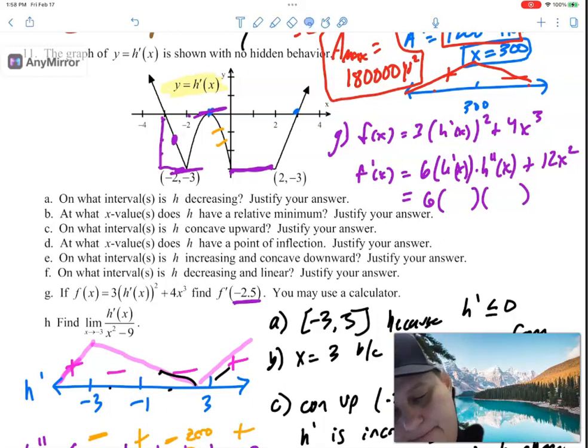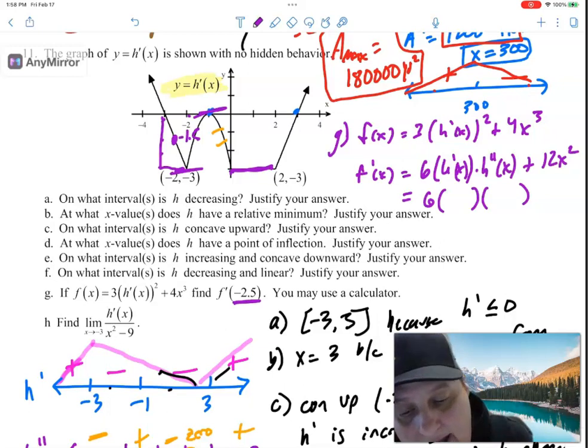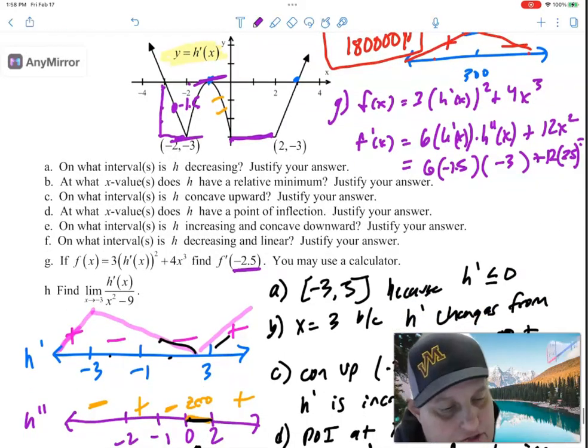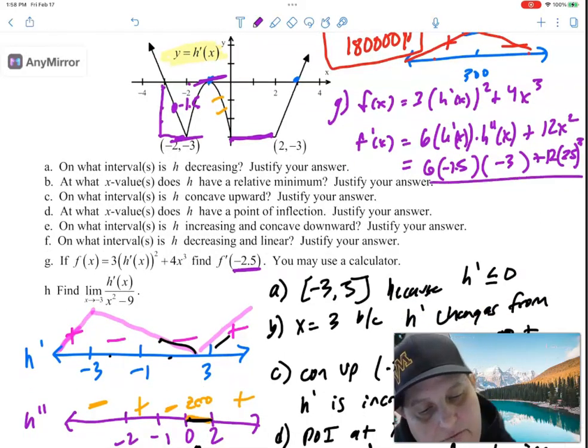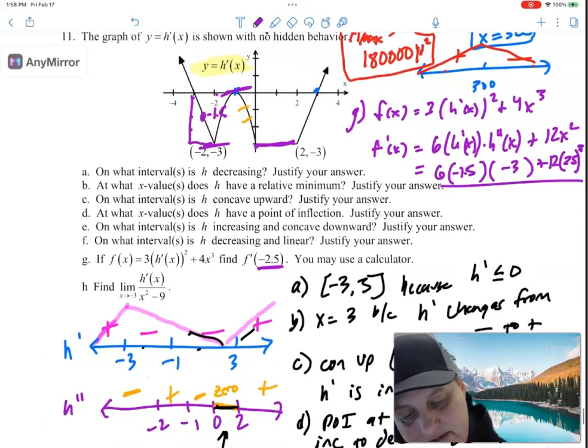And, oh shoot, at negative 2.5, I think it would be halfway down, negative 1.5. So the y value would be negative 1.5. The slope would be negative 3. And then it's 12 times 2.5 squared. The reason it says you can use a calculator is just to multiply that stuff out, but if it's an FRQ, we can just leave it like that anyways.